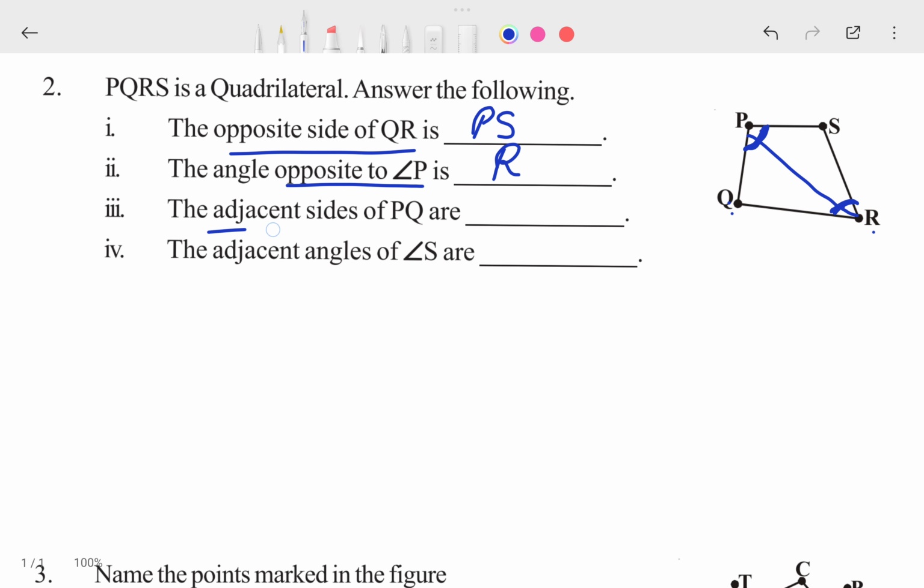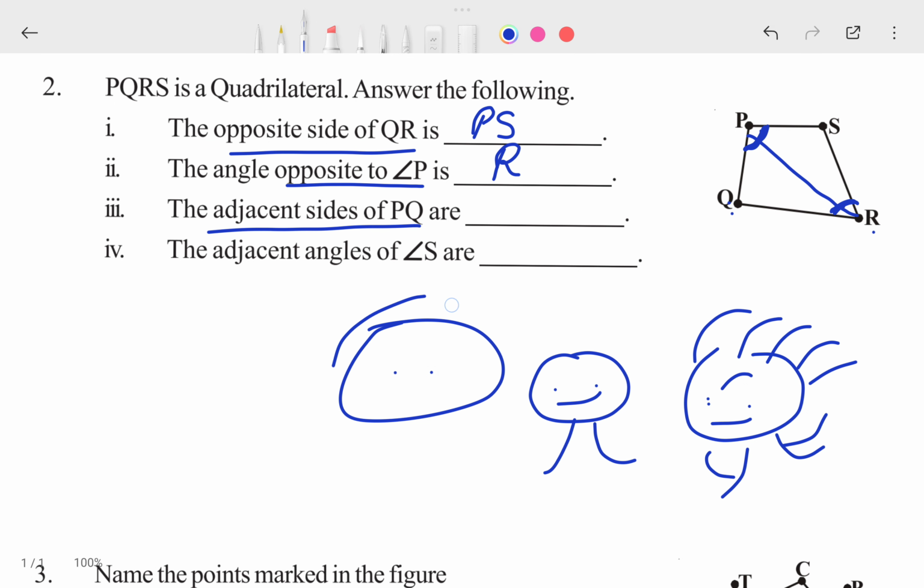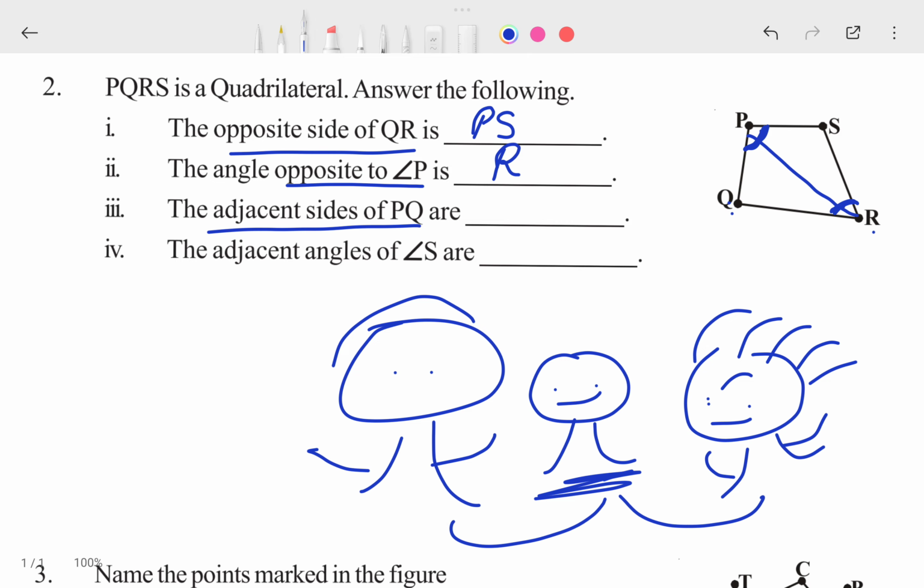Next, the adjacent side of PQ. What is meant by adjacent side? Adjacent means near. Let's suppose this is you, this is your sister, and here is your father. You are adjacent to your sister and also your father, right?